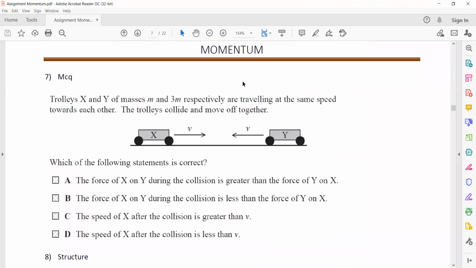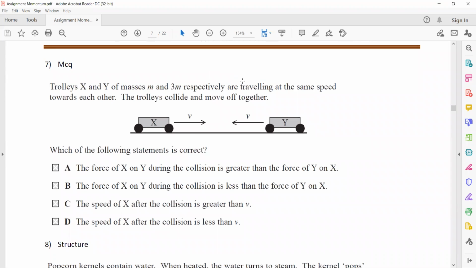In question 7, trolleys X and Y, with masses m and 3m, are traveling at the same speed towards each other, and they collide and move together. Which of the following statements is correct? So when we work out the statements, the first one, the force of X on Y during a collision is greater.